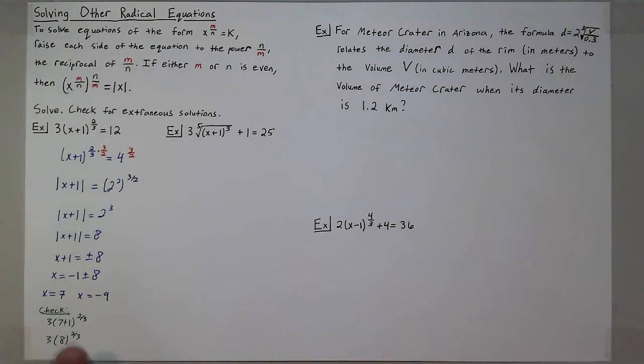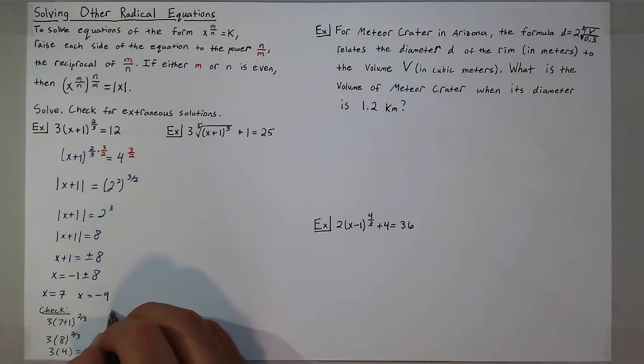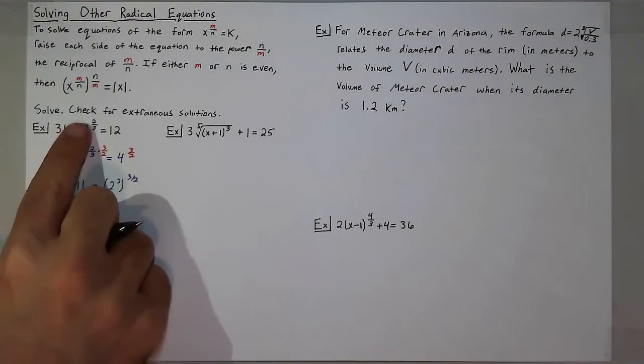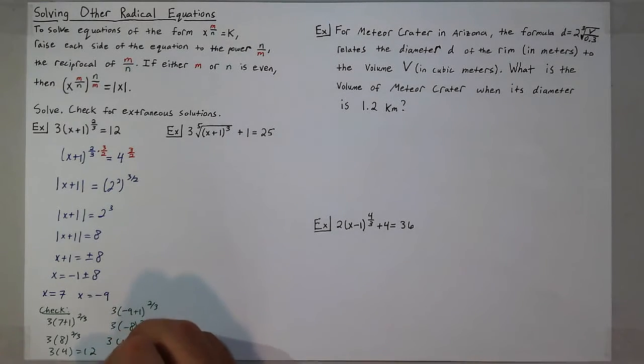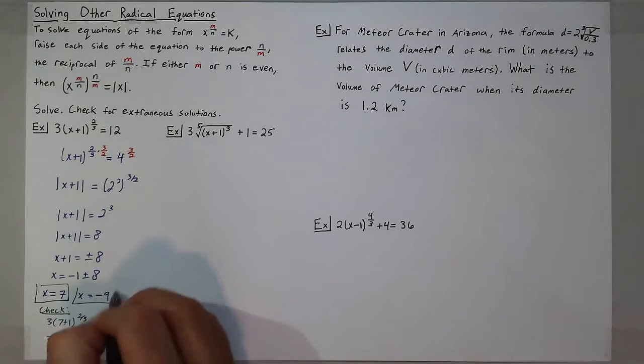So 3 times 4 should be 12. And if I check negative 9, I have 3 times (negative 9 plus 1) to the 2/3. So it's 3 times negative 8 to the 2/3. And for that same reason I just mentioned before, that square makes this a positive number. So it'll also come out to be positive 4, which will be 12. So both solutions should work.